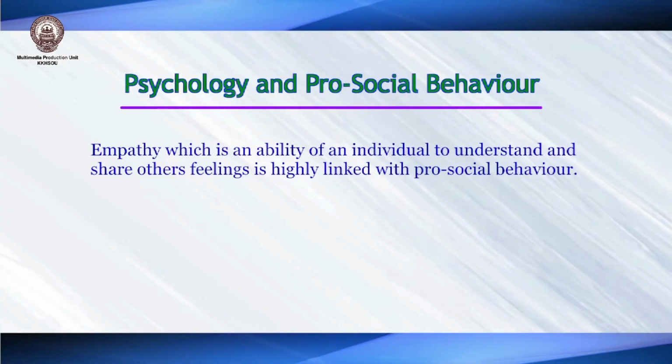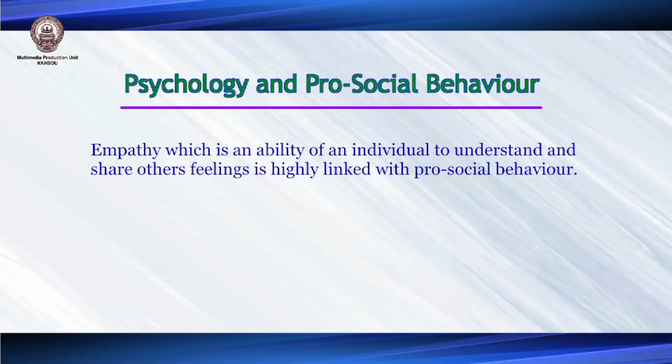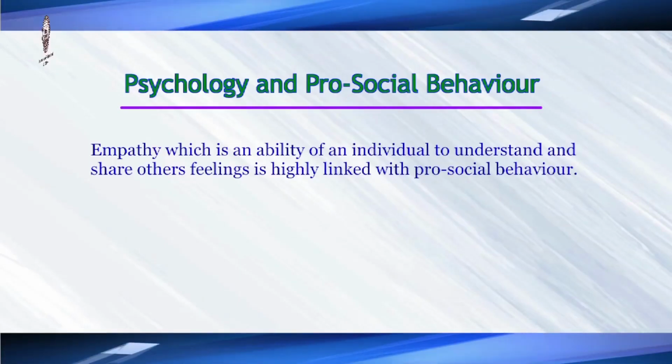Empathy, which we have already discussed, is the ability to understand and share the feelings of others, and is highly linked with pro-social behavior. Therefore, empathy is an important component of pro-social behavior. Pro-social behavior, as we discussed, is the behavior which is desirable by society, and empathy helps in promoting it.